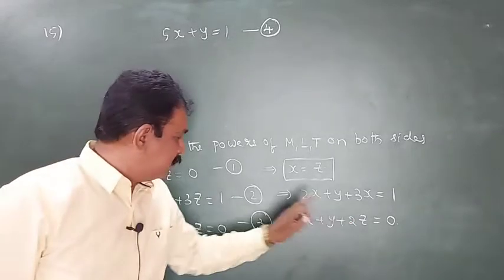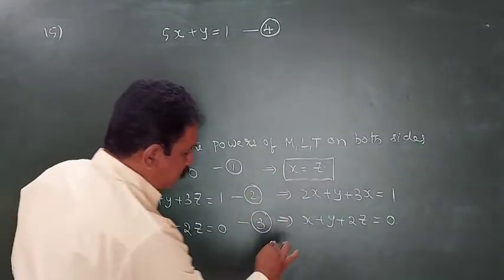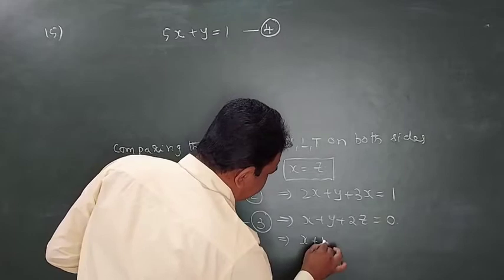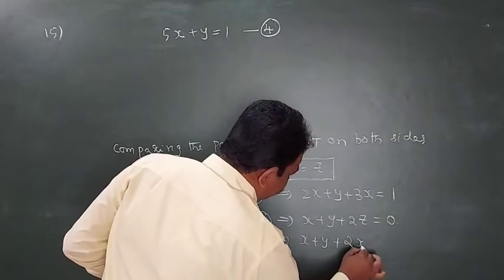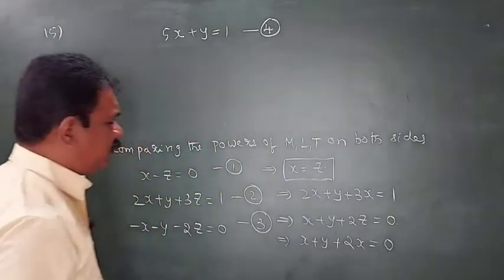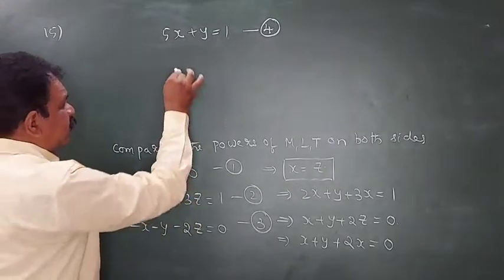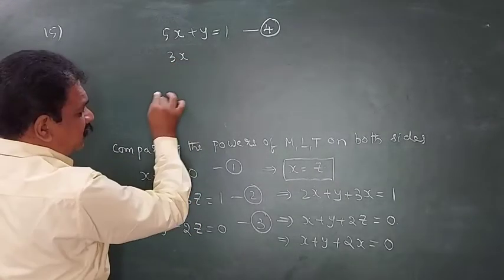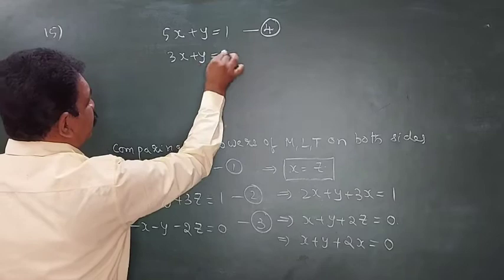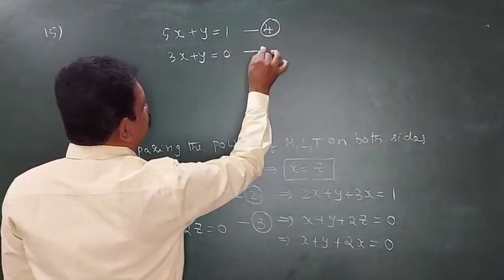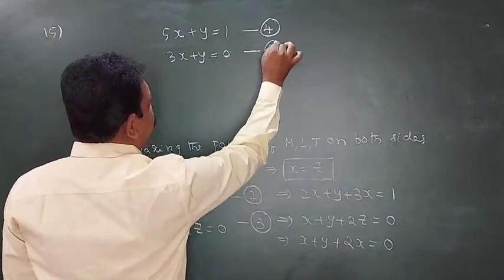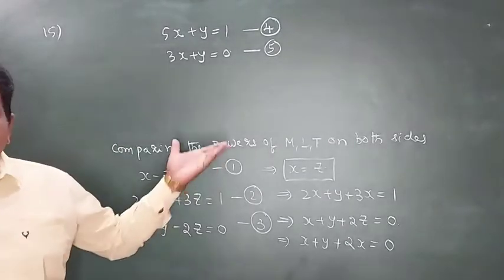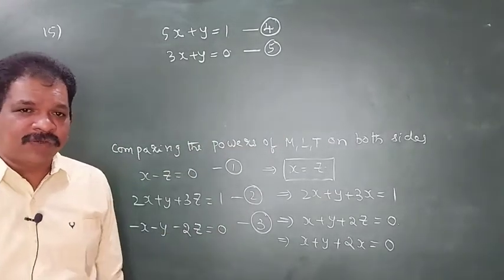In z's place I am substituting x. So x plus y plus 2x is equal to 0. So 3x plus y is equal to 0. Let it be equation 5.